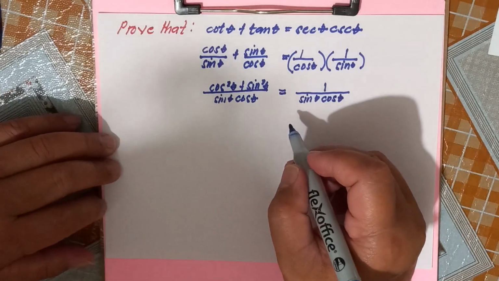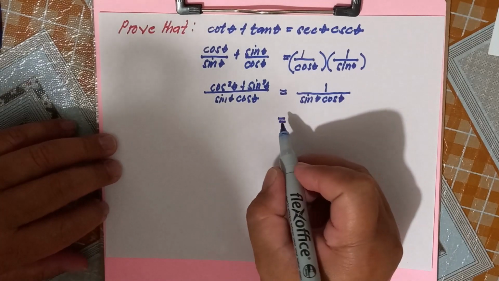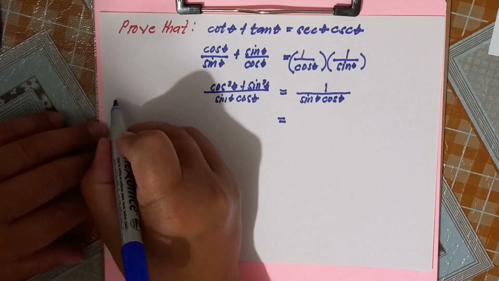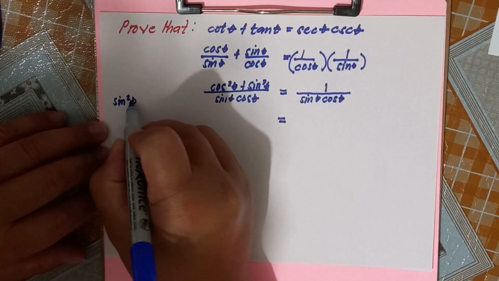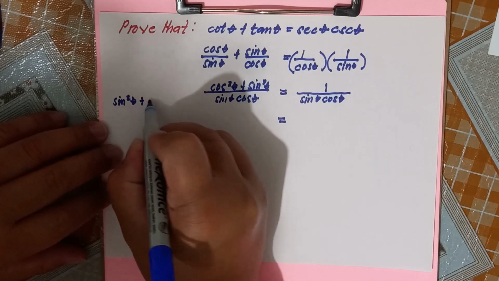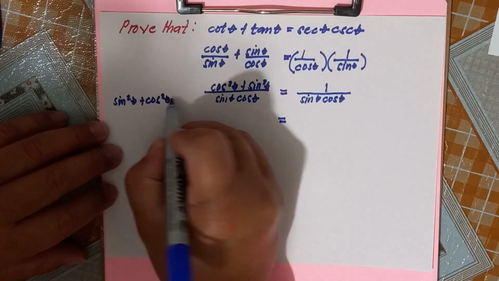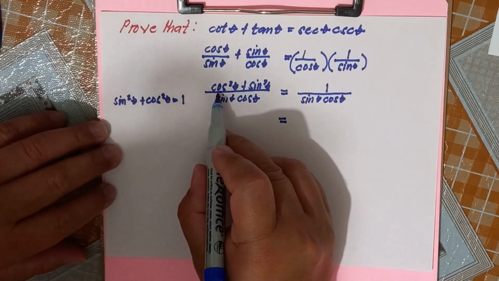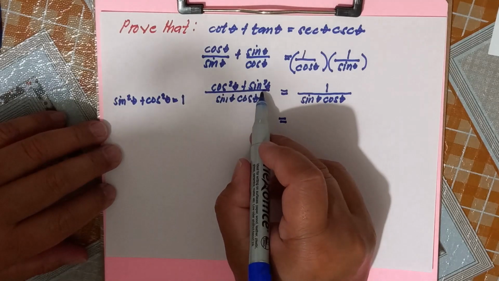Now notice that under the Pythagorean identity, sine squared theta plus cosine squared theta is equal to 1.